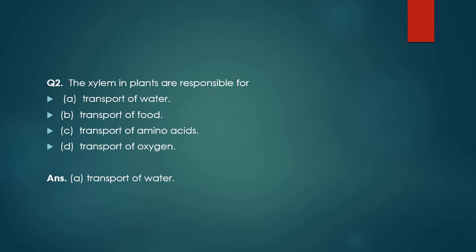And transport of food is by xylem or phloem? By phloem, through the sieve tubes and companion cells. So xylem and phloem are responsible for transportation of water and food. The process name is translocation.